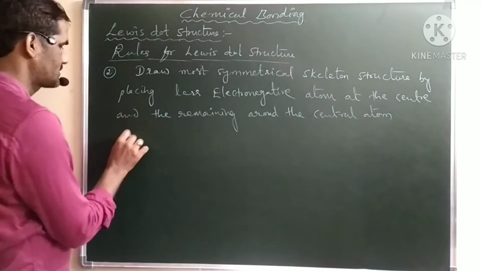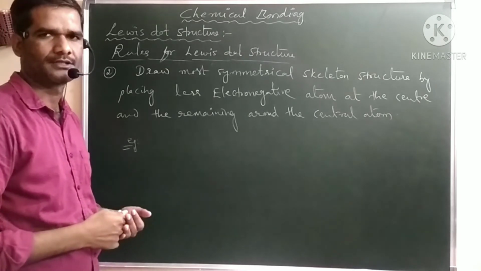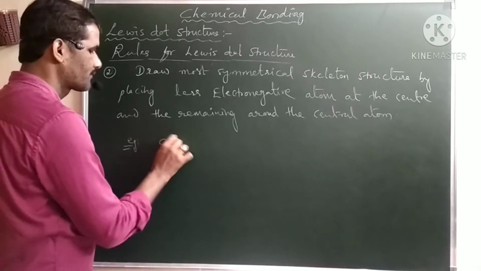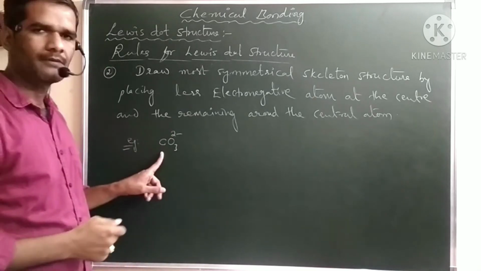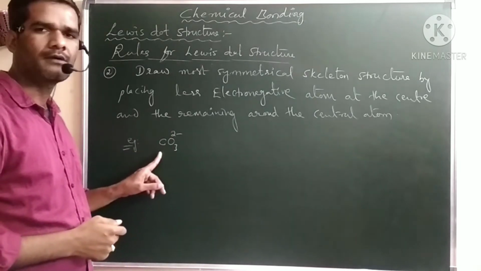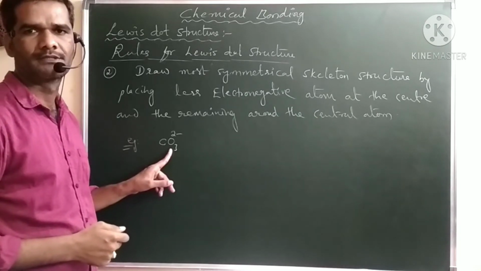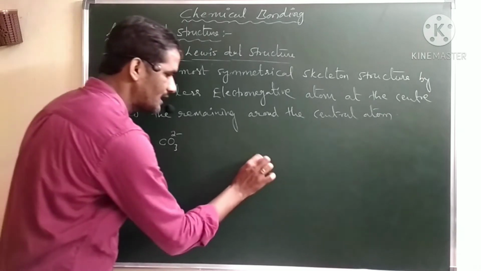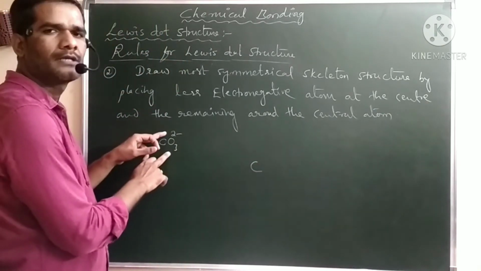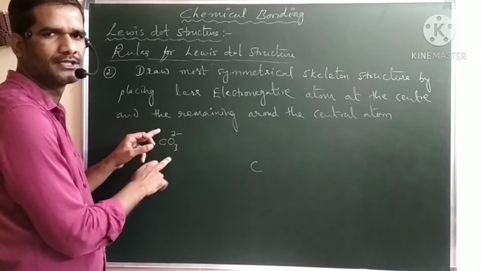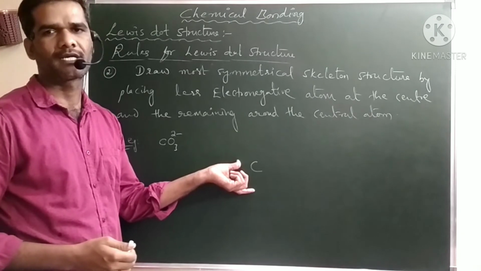Again, let us take an example. Most symmetrical skeleton structure, if I take CO3 2 minus. Here carbon compared to oxygen is the less electronegative element and oxygen is the more electronegative element. Always we have to keep the less electronegative element at the center and the remaining elements, here the oxygens, around the carbon atom in a symmetrical manner.